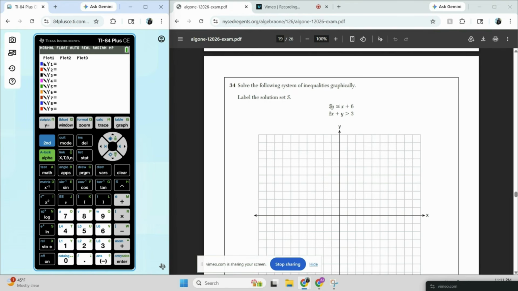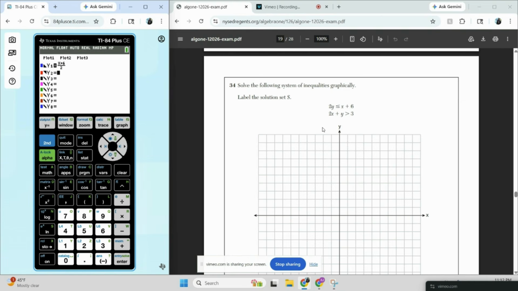On the 84, you cannot do 2y. You could do that on the n-spire. So I'm going to have my students set up their fraction bar. They're going to put x plus 6 over 2. There's my first inequality. This is going to be greater than, so I'm going to come in. I'm going to change that to an up.